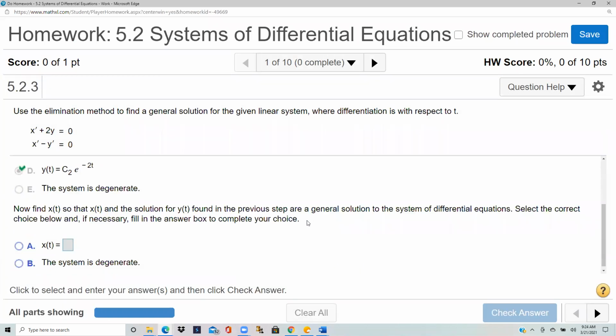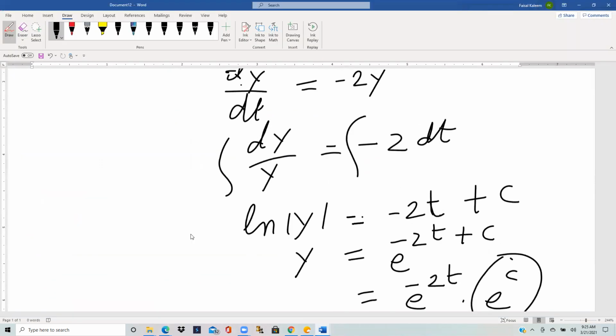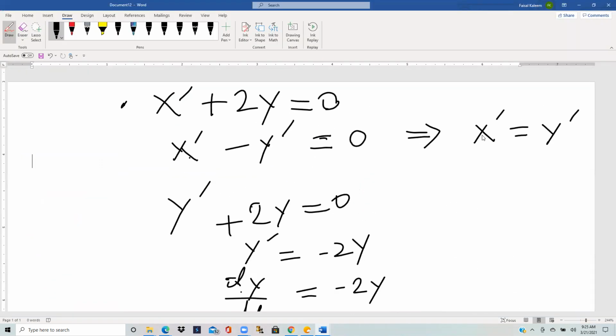Okay, and then in the second part, you have to find x. So now we already have x prime is equal to y prime. And when the derivatives of two functions are equal, one of them is a constant plus the other. So you find x will be y plus a constant, and they are calling that constant c1.